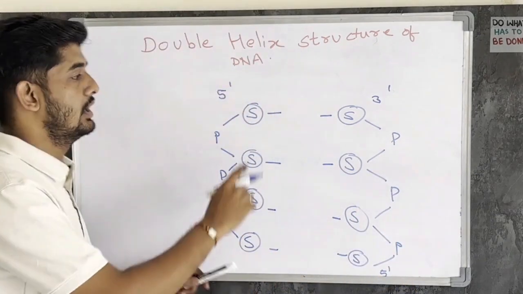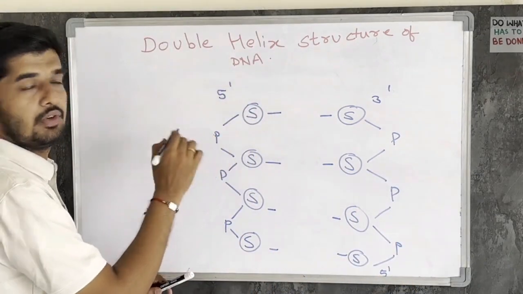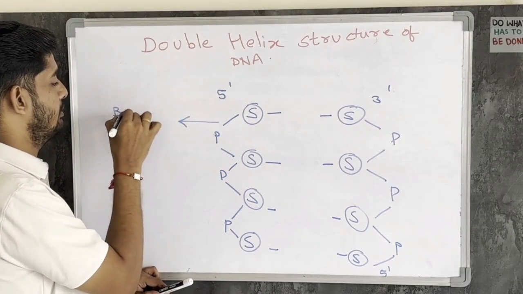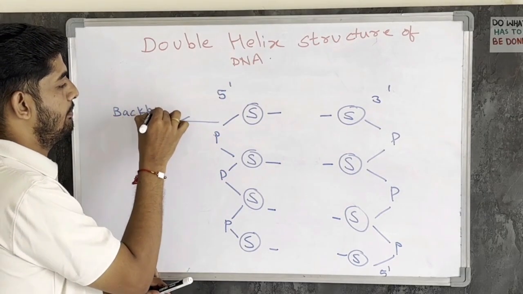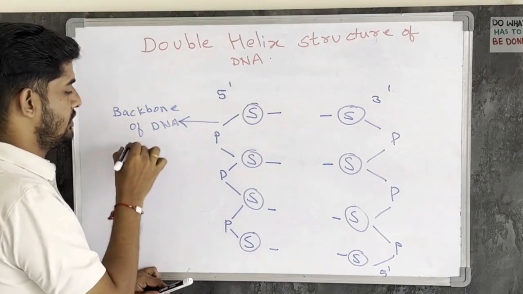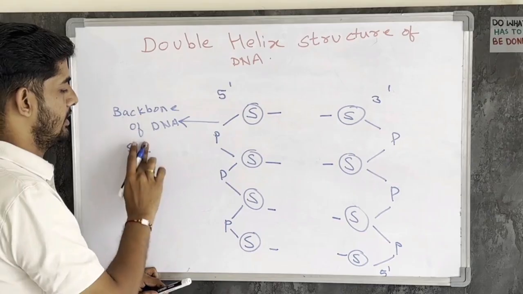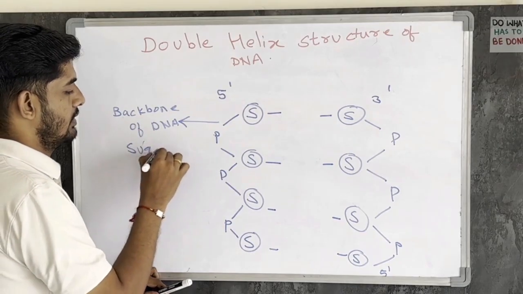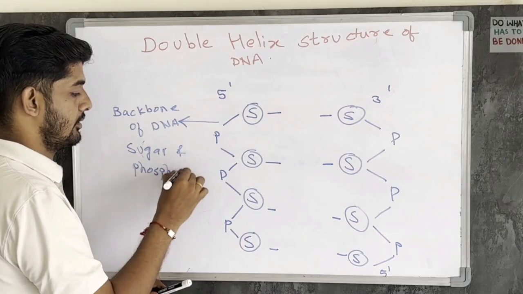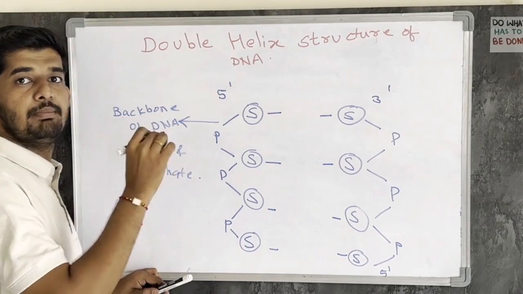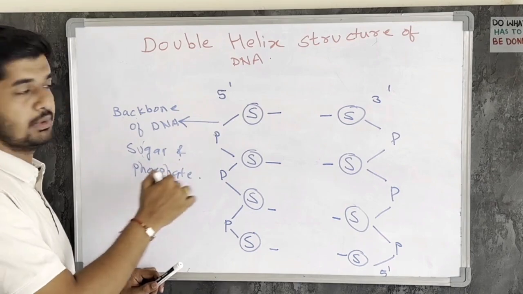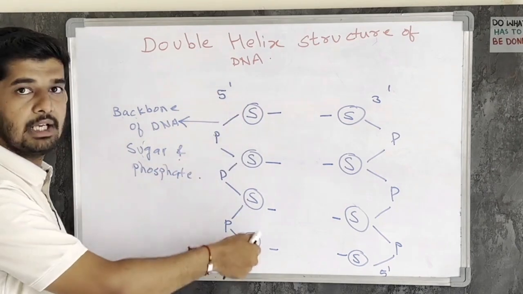So this will be the sugar, and the sugar and the phosphate form the backbone of the DNA molecule. Always remember, the backbone of the DNA is formed by the sugar and the phosphate molecule.